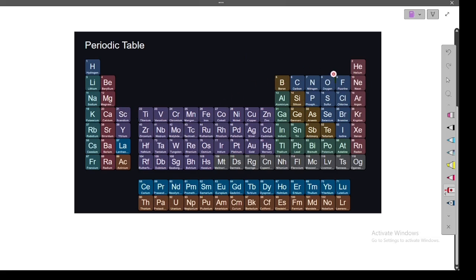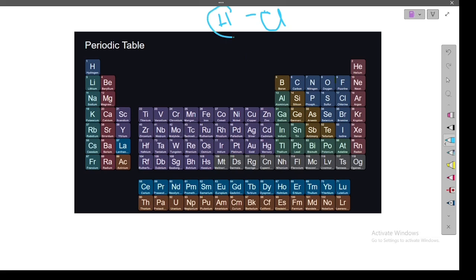And what about the electronegativity? What is electronegativity? It is the tendency of an atom to attract electrons in a bond. For example, if we take the hydrochloric acid or hydrogen chloride, that is HCl.